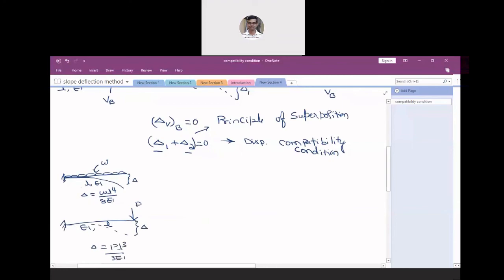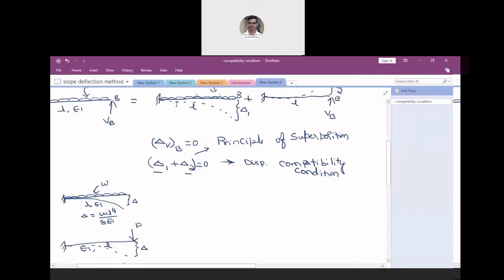Now I'll make use of these delta values as we analyze this cantilever beam subjected to uniformly distributed load and point load. Delta 1 is equal to WL to the power 4 by 8EI, and similarly delta 2 is equal to WL cubed by 3EI.